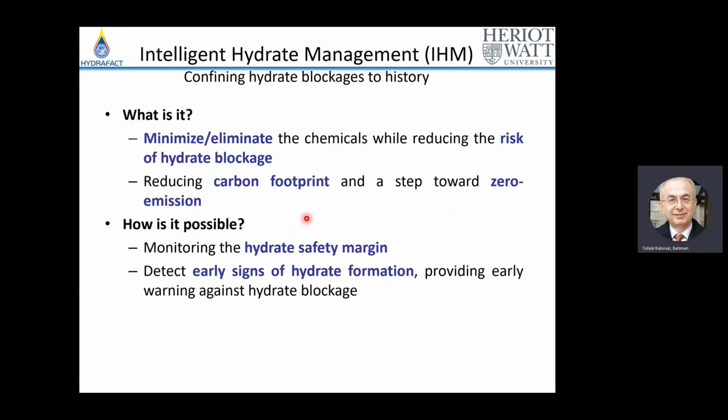So what is intelligent hydrate management? Minimize, eliminate the chemical while reducing risk of hydrate blockage. Reducing carbon footprint of the oil industry, and this would be an important step towards zero emission objective.